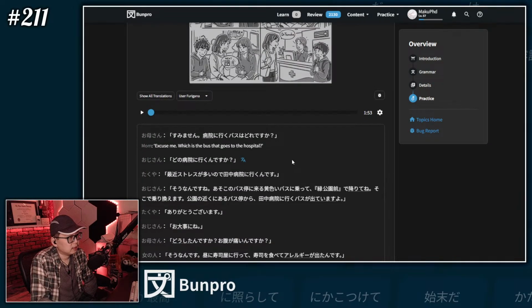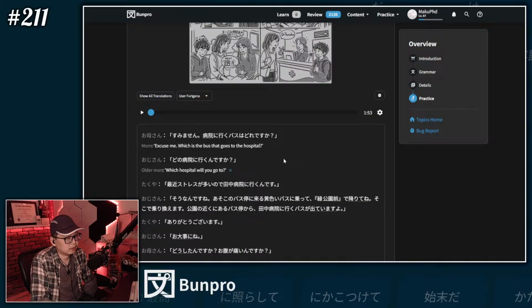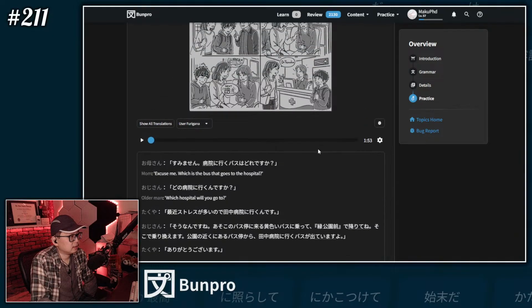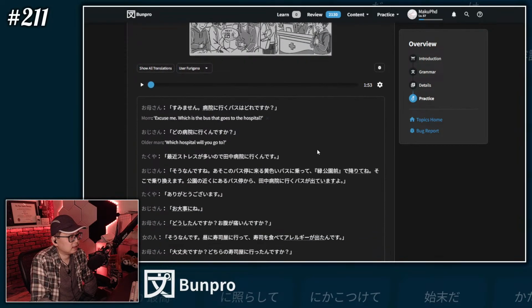Right, which? And the old guy said, which hospital? Like, which hospital are you going to? And Takuya, the little kid, said, oh, well, I need to go to the hospital.